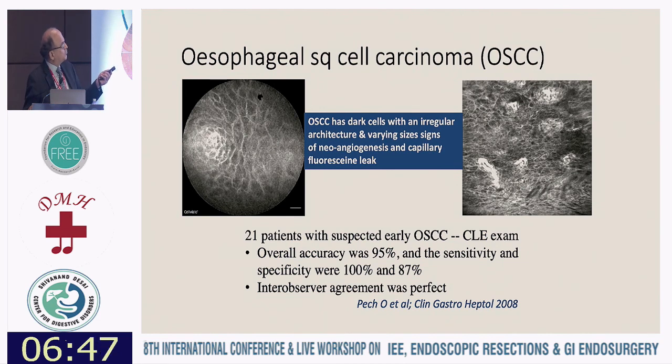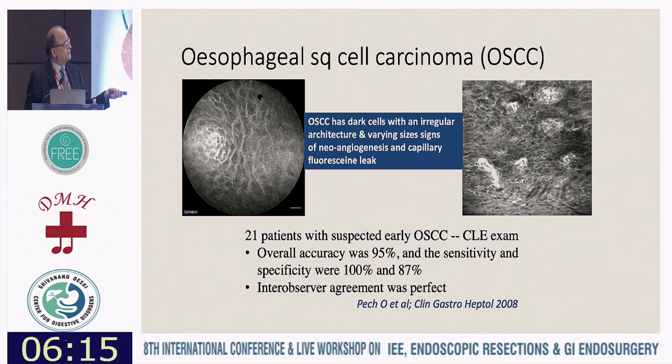Now let's come to squamous cell carcinoma, esophageal squamous cell carcinoma. You see that this is the normal esophagus which looks on CLE probe, and you can see the squamous cell carcinoma, very distinctly distinguishable. There is a totally irregular architecture, varying size, very dark nuclei and neoangiogenesis, and you have capillary leak of the fluorescein into the interstitium, and that gives you the diagnosis of a squamous cell carcinoma.